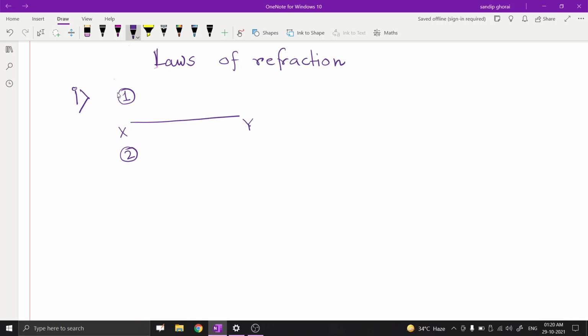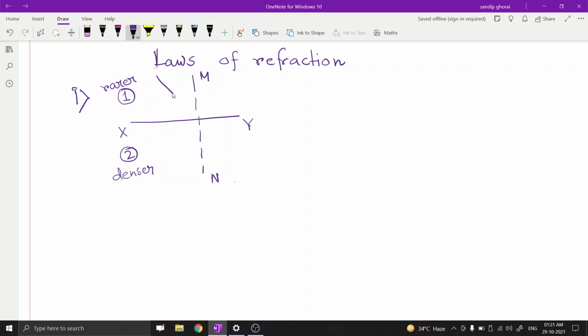We take medium one as the rarer medium and medium two as the denser medium, and we draw an imaginary line called the normal, which is perpendicular to XY, the separation line between the two media.